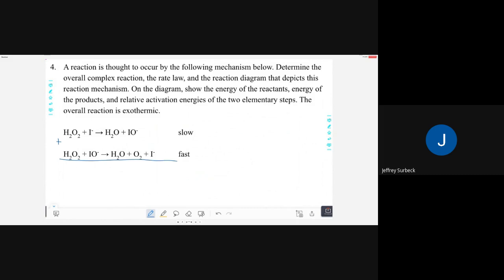Somebody yell out 1, or we can cancel these things before we add them together. Okay, IO negative. Now, IO negative is produced in one step and consumed in a later step. In fact, the next step. We call those things, started with an I.